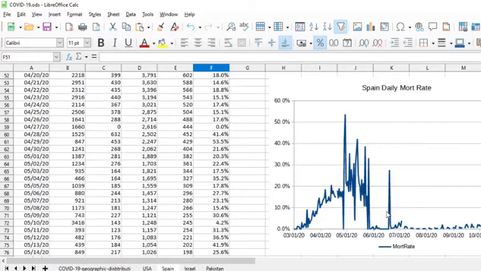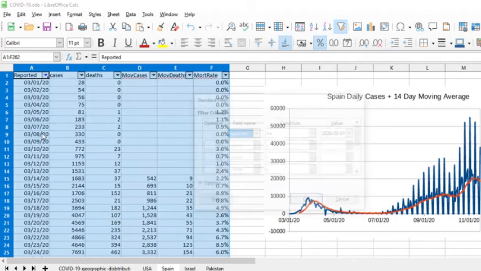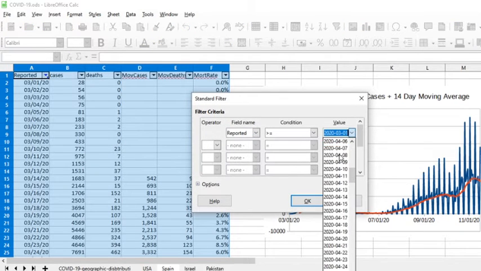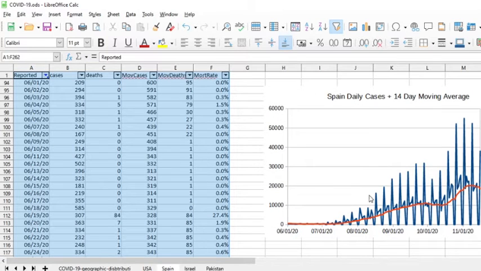So let's come up here to 6.1 then. Take a better look at this data here for Spain. Okay, so now you get a picture of the increase here.